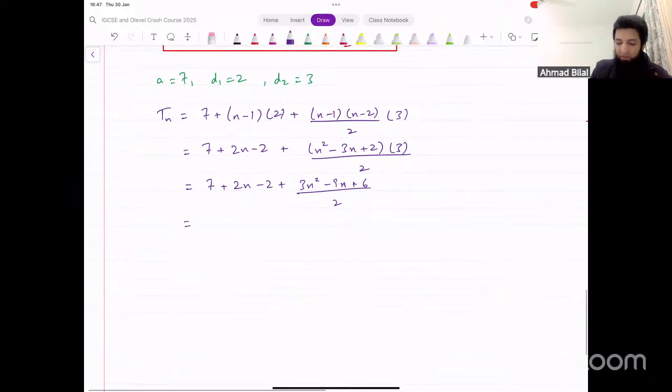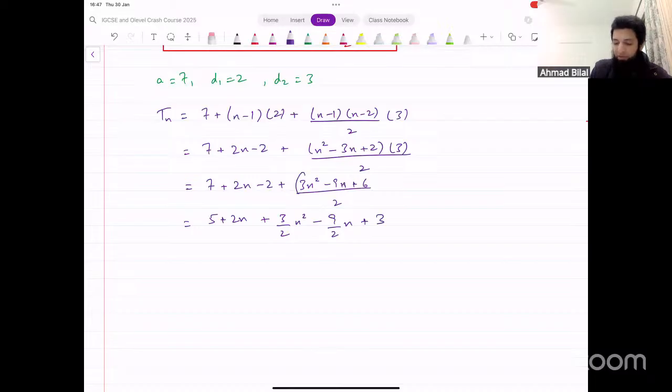And that gives us 5 plus 2n plus 3 over 2 n squared minus 9 over 2 n plus 3.